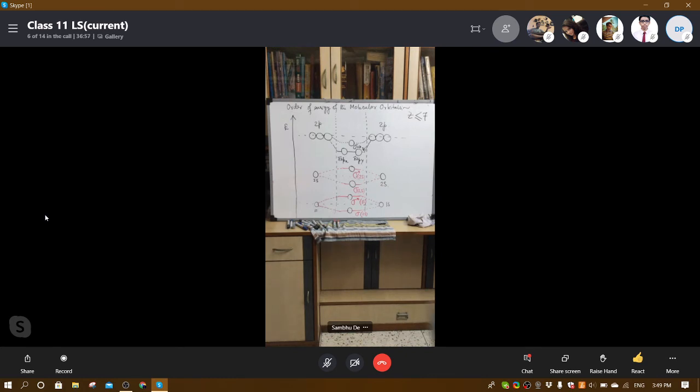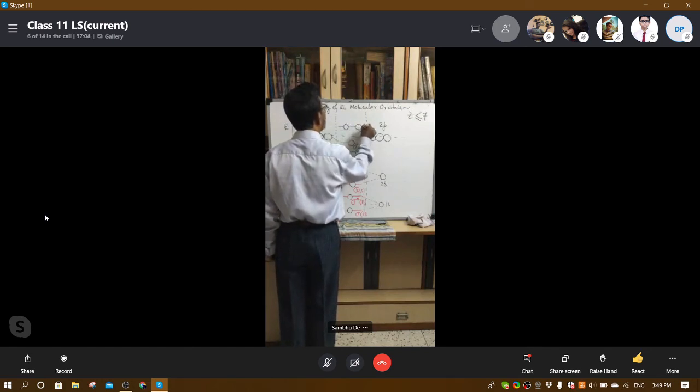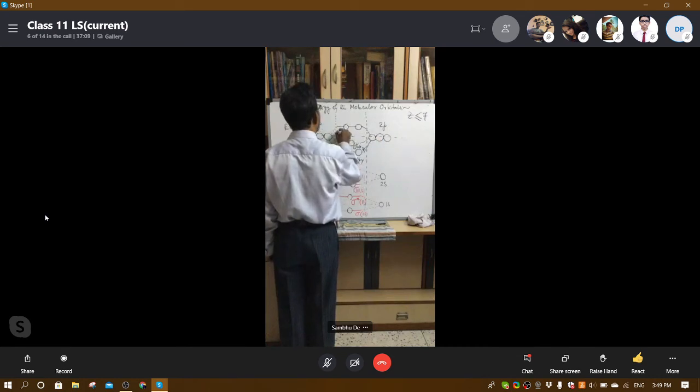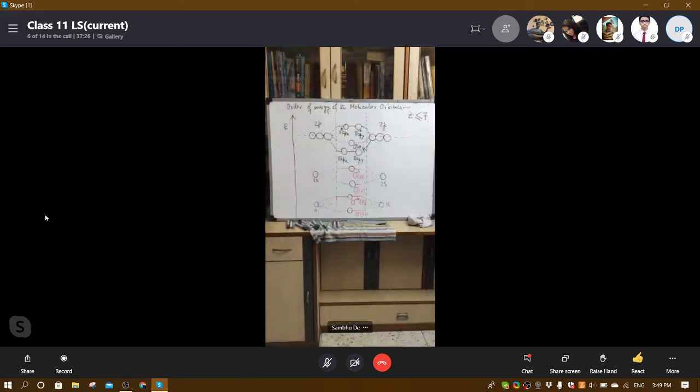On the other hand, here will be 2 more orbitals. It is pi star 2px, pi star 2py. It is above the average energy of the atomic orbital, so they are anti-bonding.